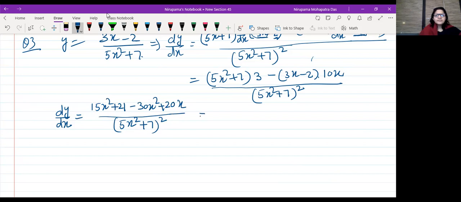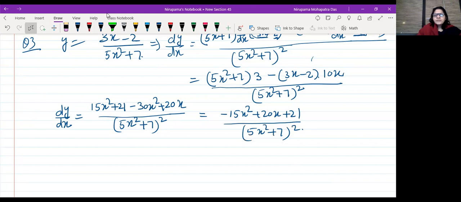Or you can simplify and write minus 15x square plus 20x plus 21, divided by 5x square plus 7 whole square.